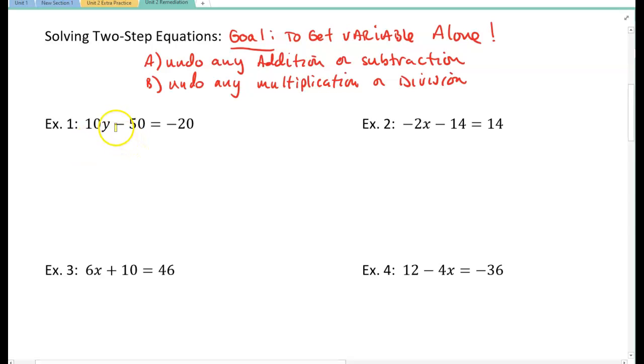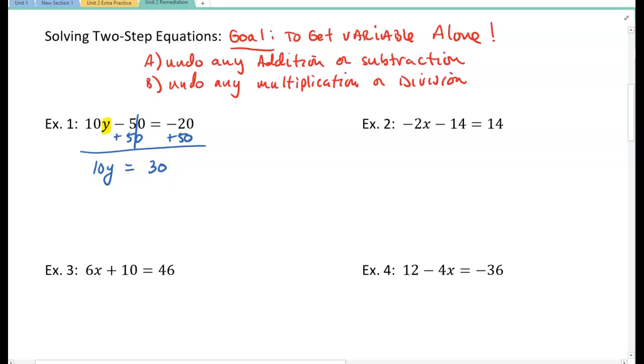So when I look at example 1 here, I'm solving for y. And in order to do that, I looked, what's linked to this term by addition or subtraction? The 50 is. So when I look at it, 10y minus 50, how do I get rid of the 50? I'm going to add 50 to both sides. I'm going to bring down my 10y equals negative 20 plus 50 is 30.